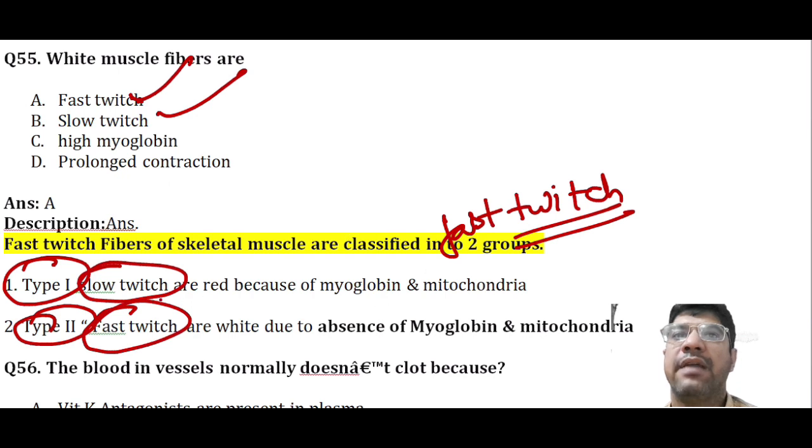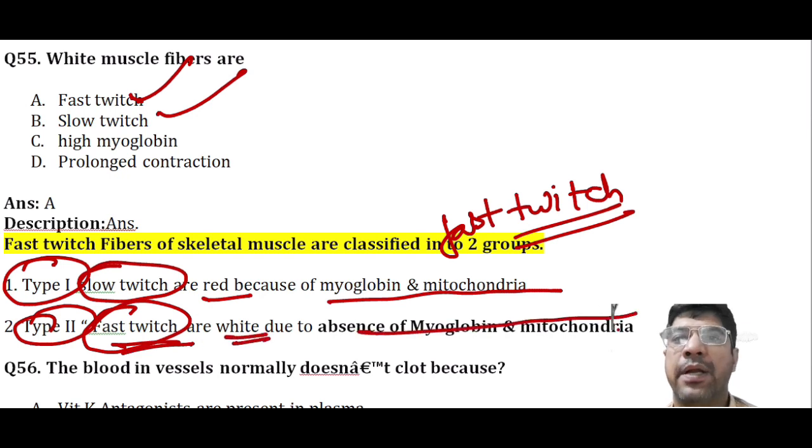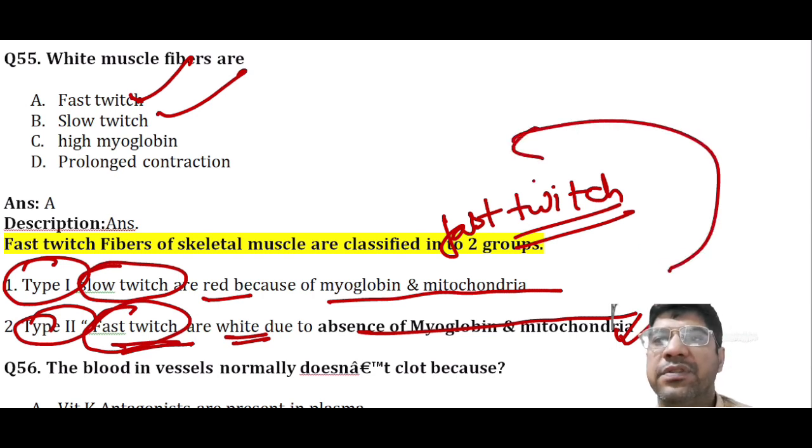Slow twitch type 1 are red because of myoglobin and mitochondria, whereas the fast twitch are white due to absence of myoglobin and mitochondria. Fast twitch fibers are known for their ability to contract quickly, and they generate a lot of force. So answer is A.